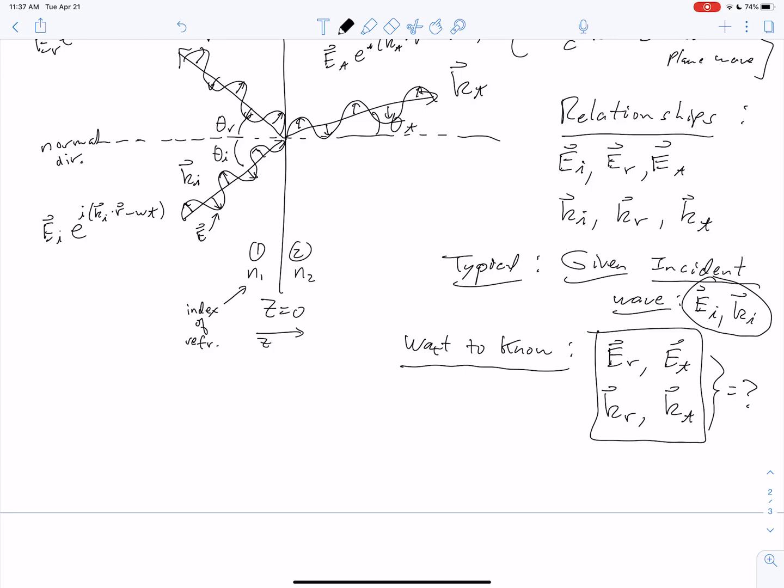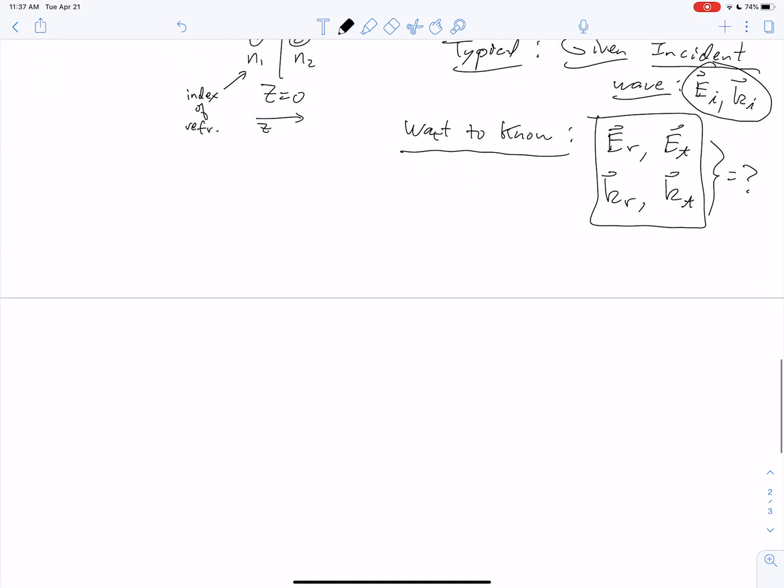So let's do it. That's today's discussion. And so how do we do it? Well, you know the answer. Maxwell's equations. Yay. We use Maxwell's equations. Let's write them down, but now we have to write them down for matter, and we have to know what's happening at the boundary.